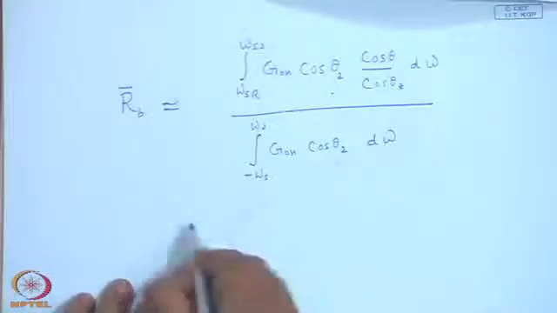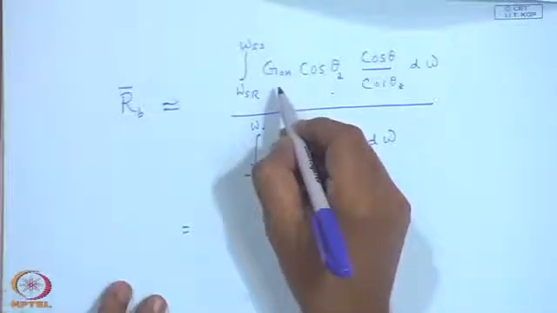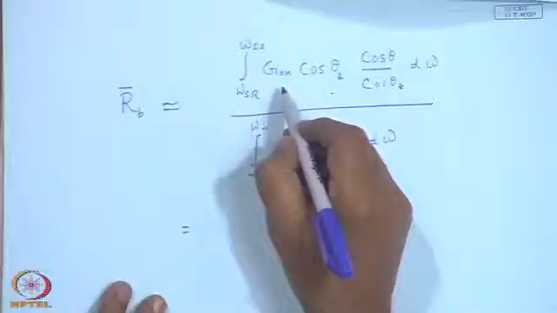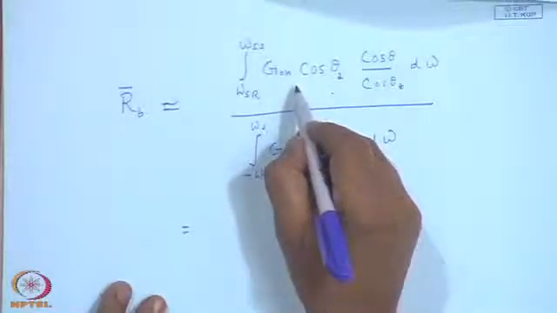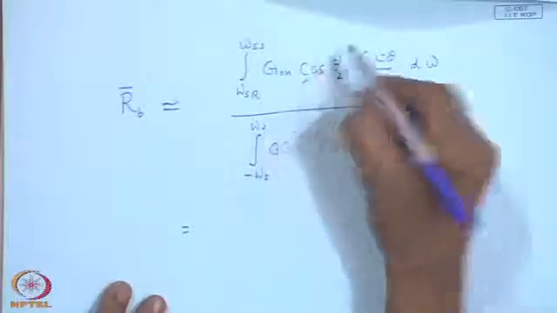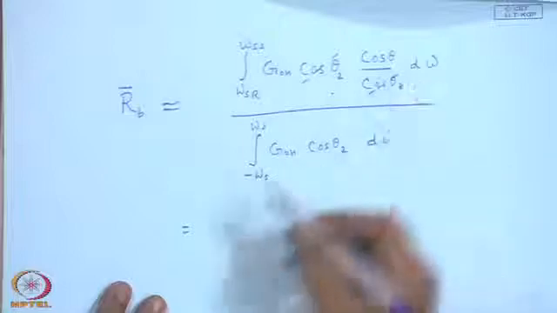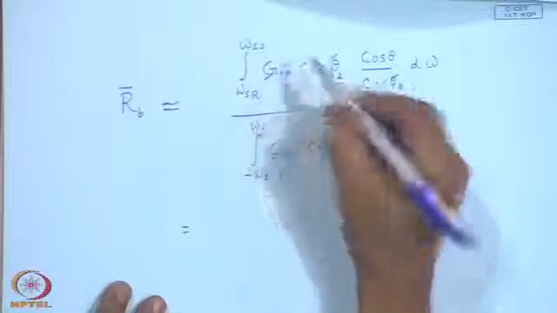So, this simplifies to G s c into 1 plus 0.033 cos 360 n by 365, and this cos theta z gets cancelled with this cos theta z, and this also cancels with this.